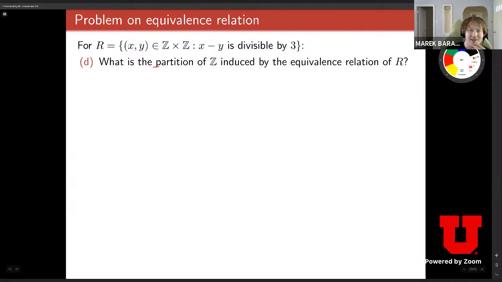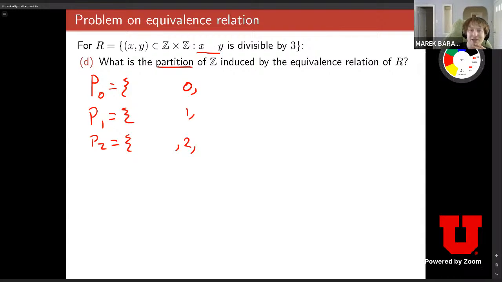So the partition is based on the elements that are equivalent to each other. Just to make this a little concrete, I'll say P of 0 equals the set with 0. So can someone tell me some other elements in here? P of 1 is the set with 1 in it. P of 2 is the set with 2.